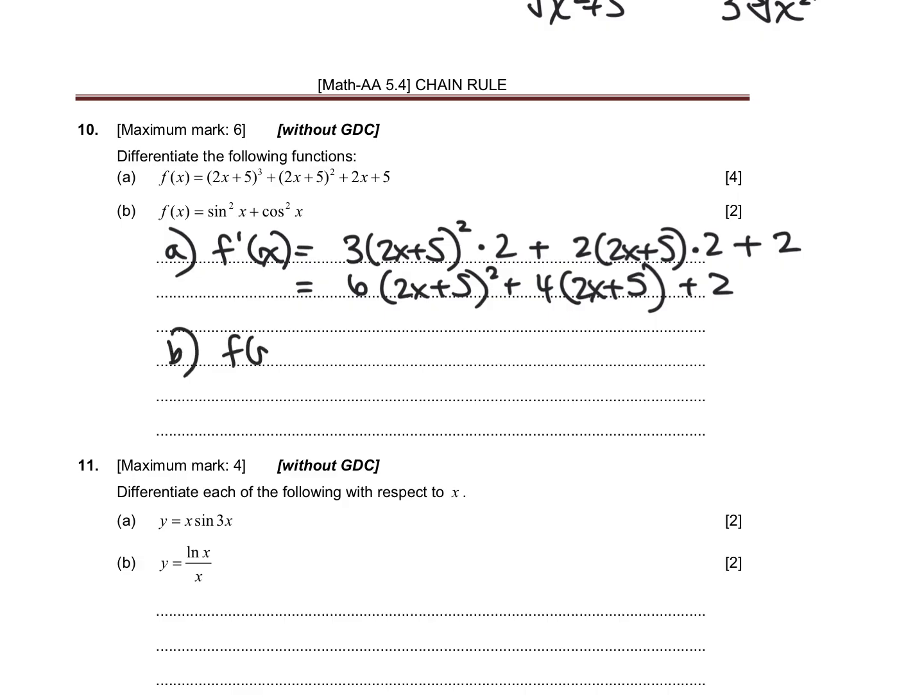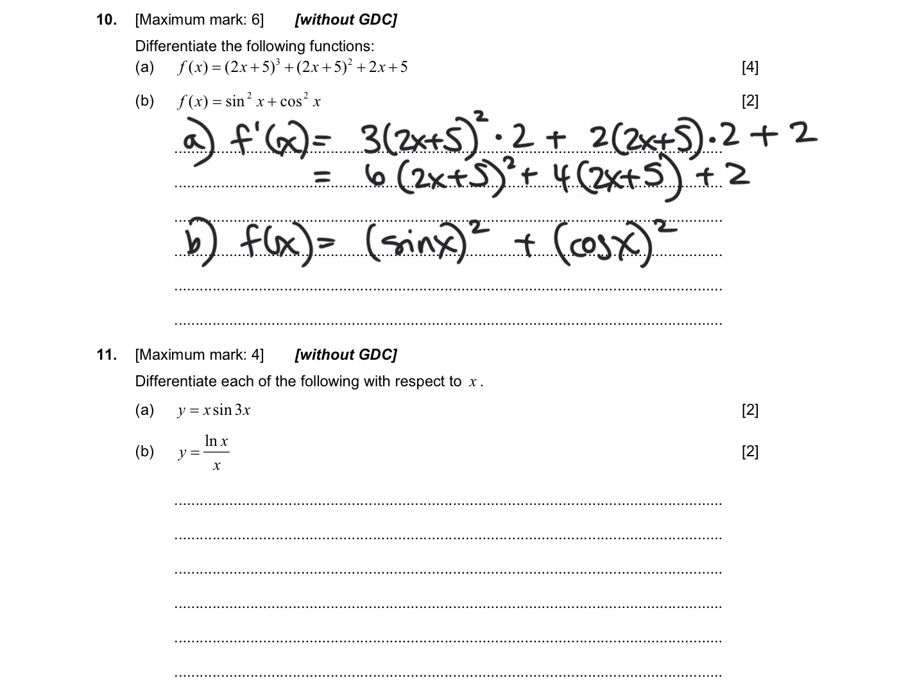All right, so I'll just rewrite this differently. So this is sine x squared, and this is cosine x squared. So the derivative of sine is, well, hold on, sorry. Power rule first, so we're going to have 2 sine x to the 1, and then we're going to multiply by the derivative of the inside function, which is cosine.